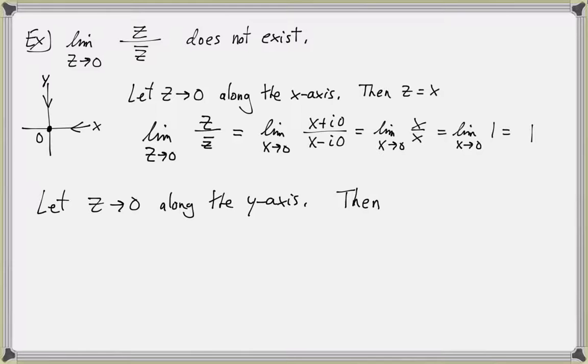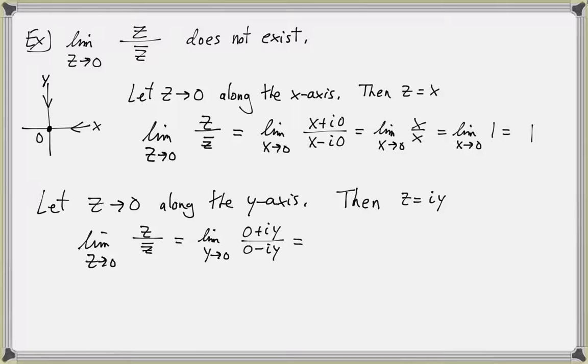Then the real part of z is 0, so z just equals iy, and the limit as z approaches 0 of z over z bar will equal the limit as y approaches 0 of 0 plus iy over 0 minus iy.